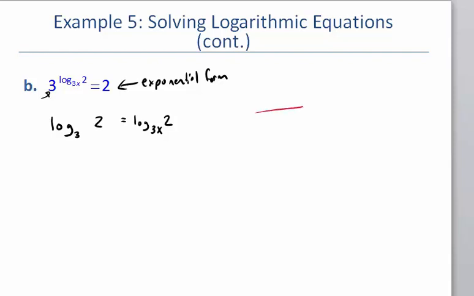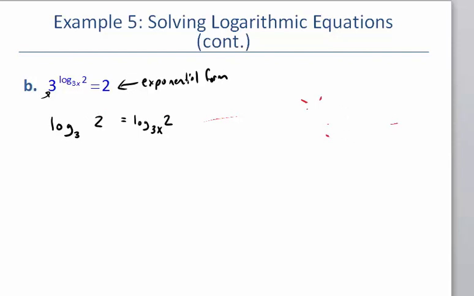So I'm just going to come off to the side here and do a quick check. We would have started with this base, gone to the other side and gotten an exponent, and set it equal to 2. So I'm just checking to be sure that I do have that set up correctly, which it does look like I do.